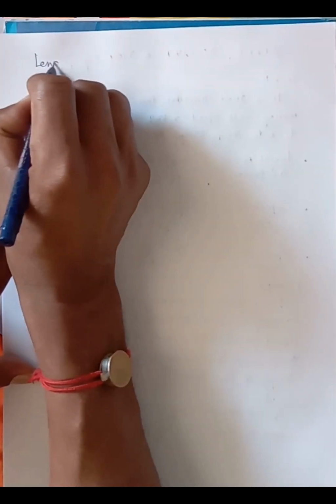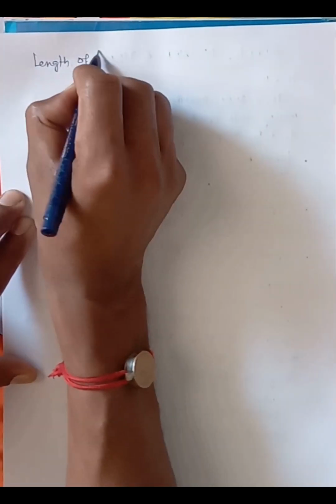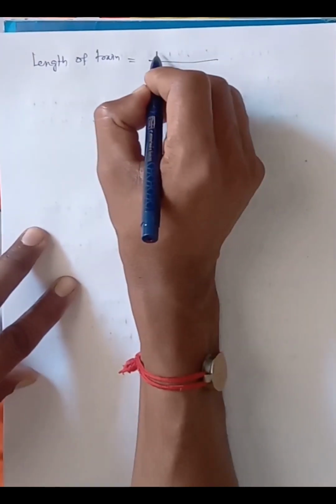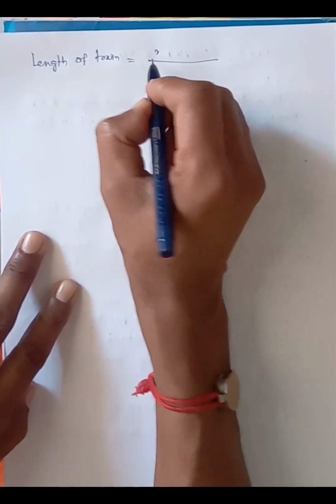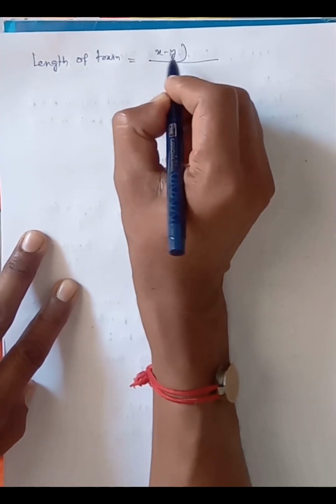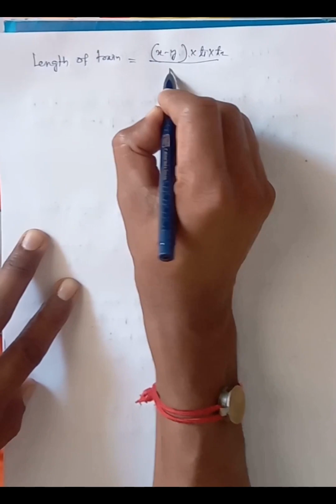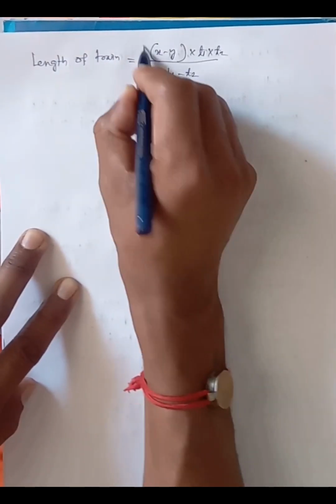Length of train is equal to the absolute value of (x minus y) multiplied by t1 and t2 divided by t1 minus t2.